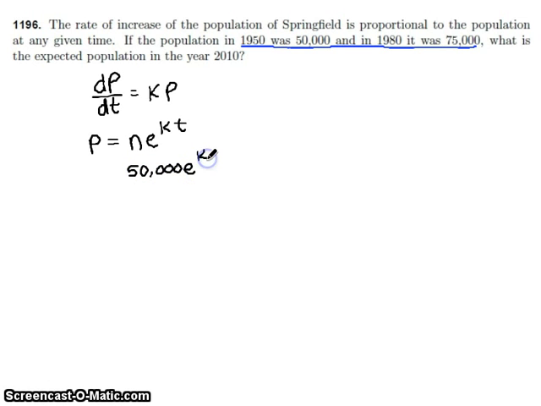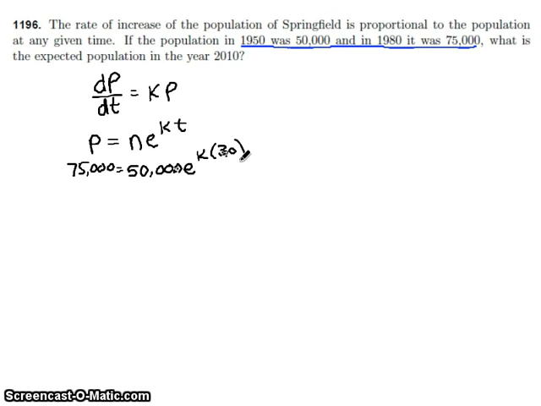e to the k, and then we got to think about the other two parts of information. If they tell us the population in 1980 was 75,000, that was 30 years later. So if we plug in 75,000 for population, and that was 30 years later, so 30 in for t.